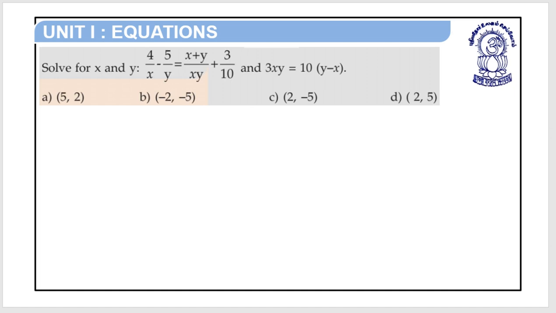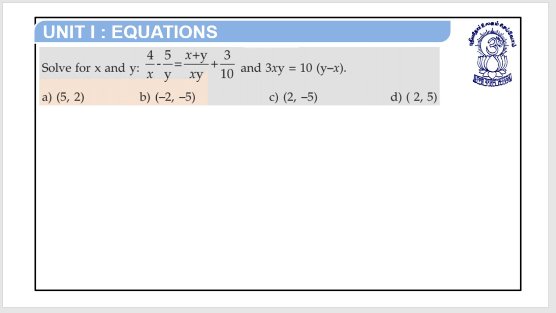Next, solve for x and y. 4 upon x minus 5 upon y is equal to x plus y upon xy plus 3 by 10, and 3xy is equal to 10 into y minus x.